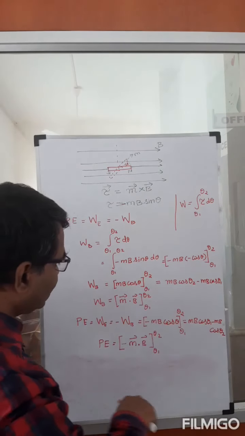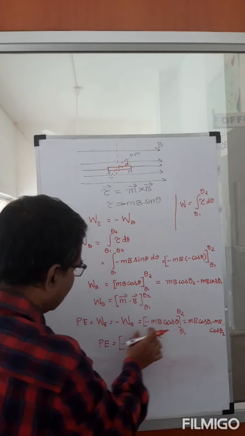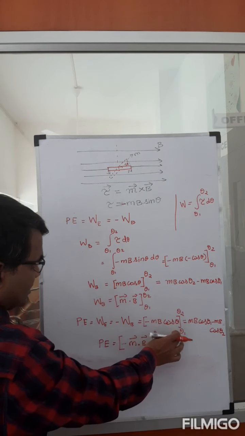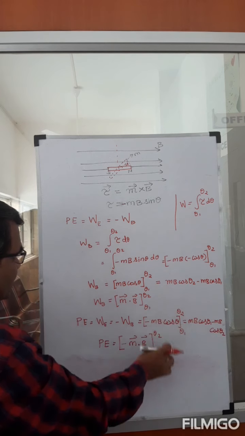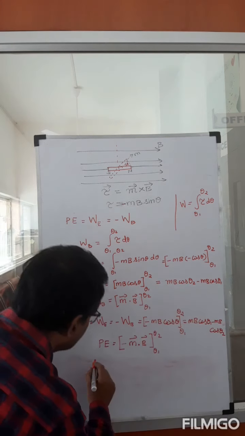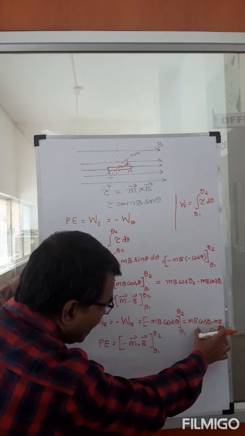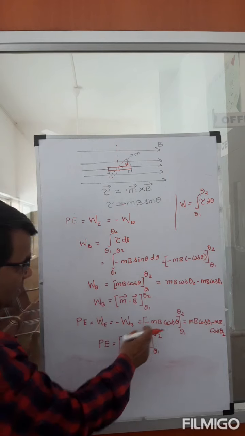I got this stuff. I got potential energy is equal to minus mb cos theta, theta 1 to theta 2. Those are the limits I have. Okay, now let me expand this. I came to the final result quickly here, but I'm going to expand it here.